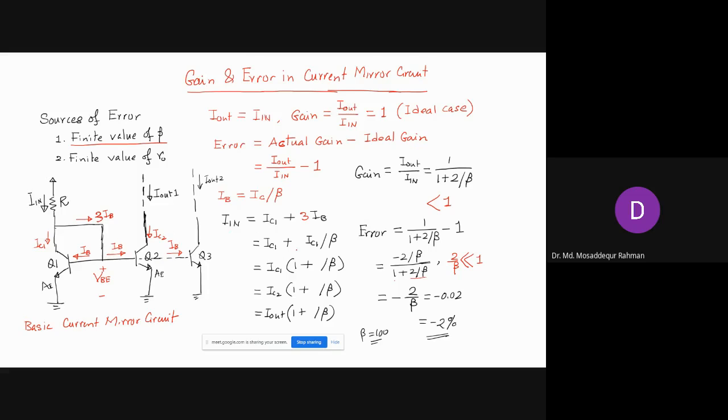So there are 3 base currents, and then this will be also 3, this will be also 3, this will be also 3.